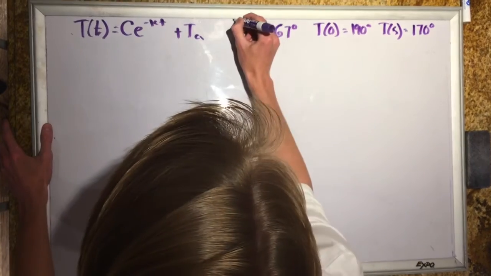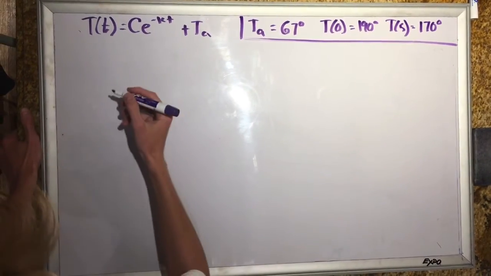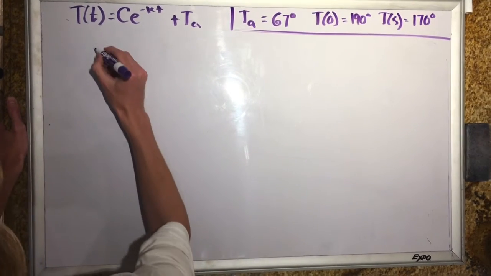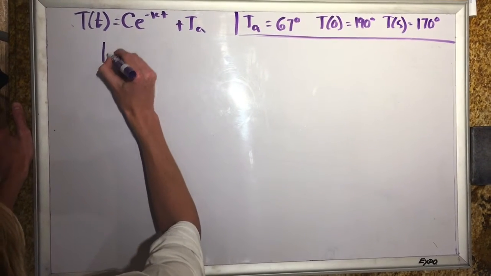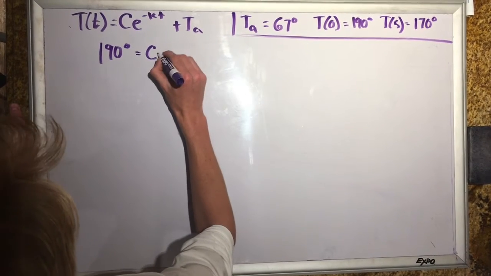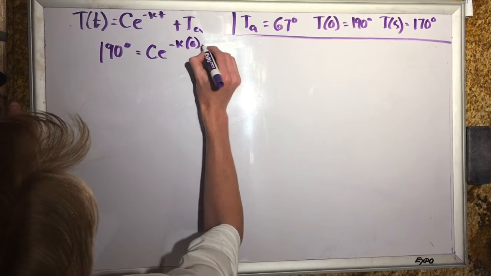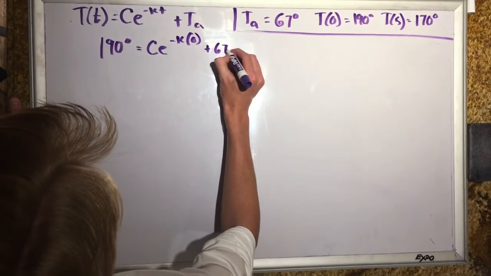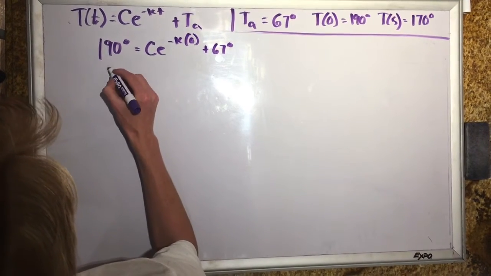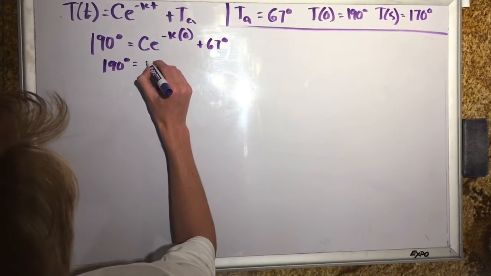To find the particular solution, we plug in 0 for t, which gives us 190 equals Ce to the negative k times 0 plus 67 degrees. This simplifies down to 190 is equal to C plus 67.